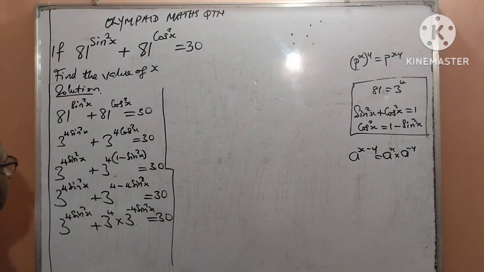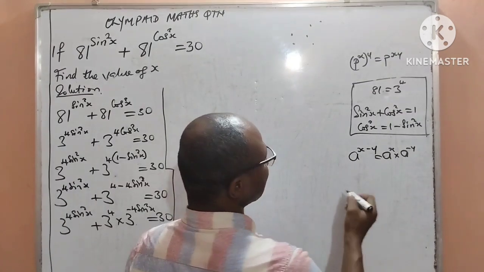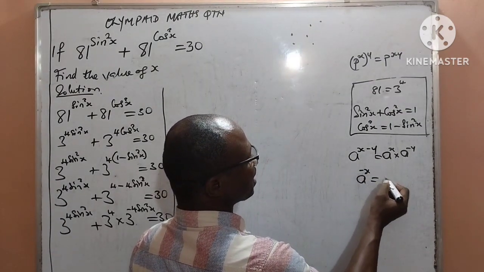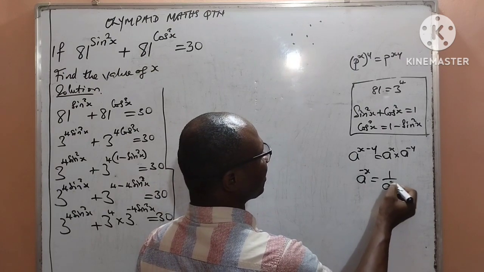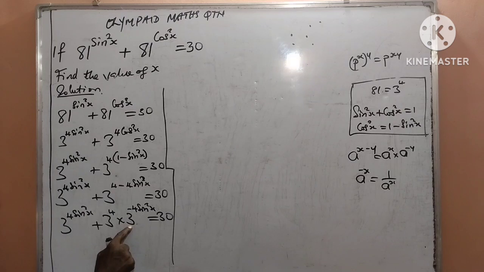From here now, I can write from the negative power index in indices that a raised to the power negative x can be written as 1 all over a raised to the power x, because of this 3 raised to the power minus 4 sine square x.